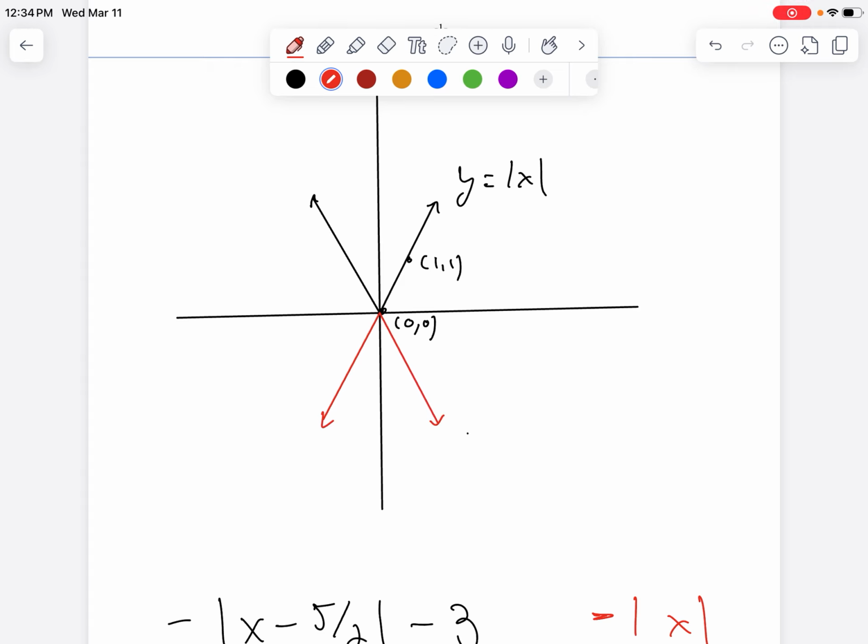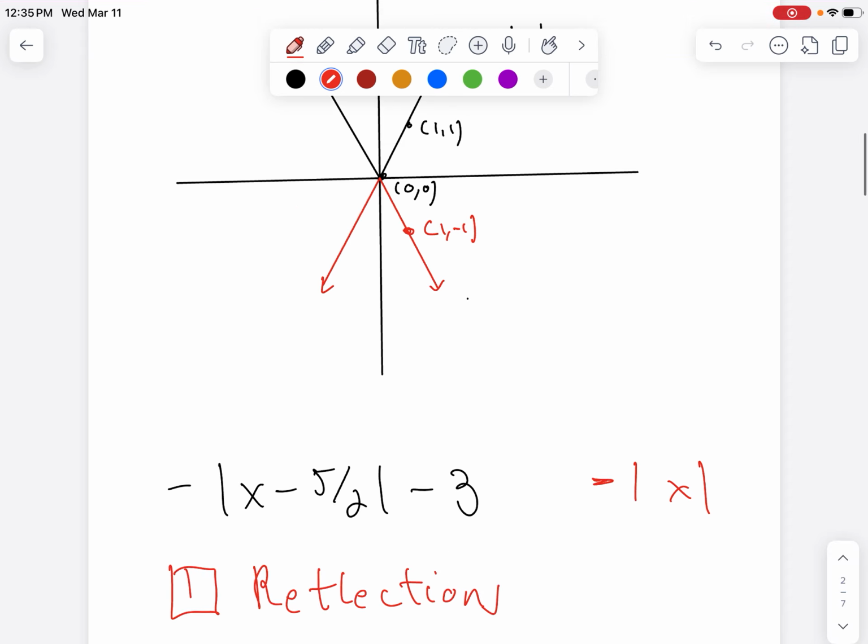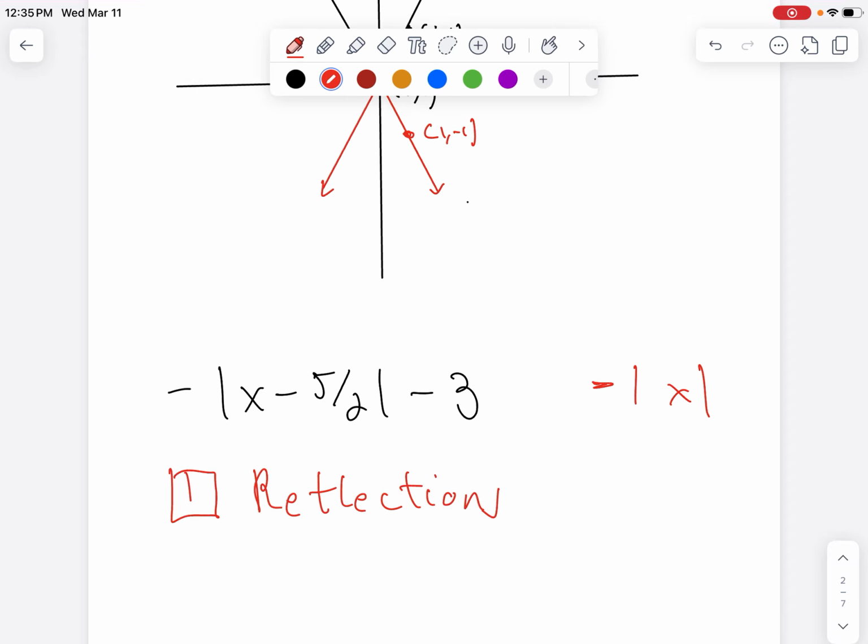And ultimately our graph becomes like an upside down V. It flips over the x-axis. So reflections are basically flips over the x-axis. All right, that's the first one, minus absolute value of x.